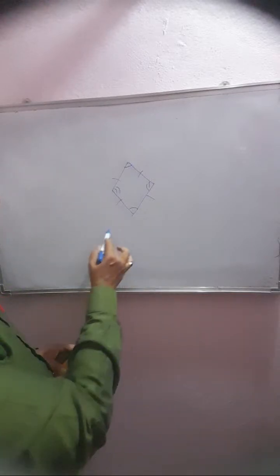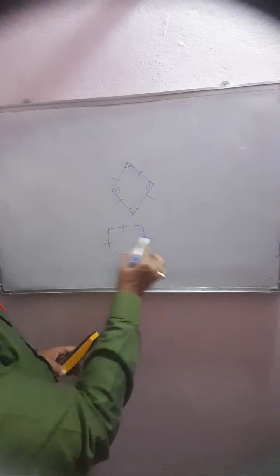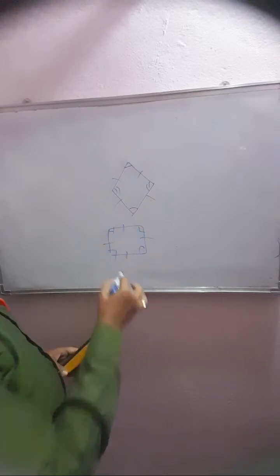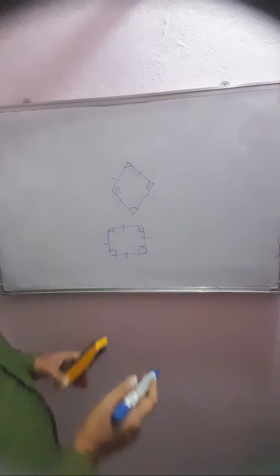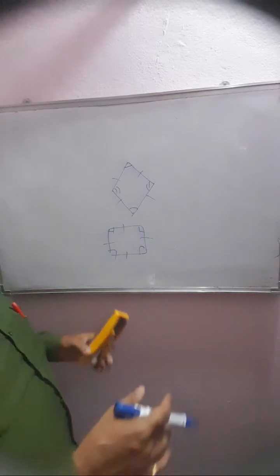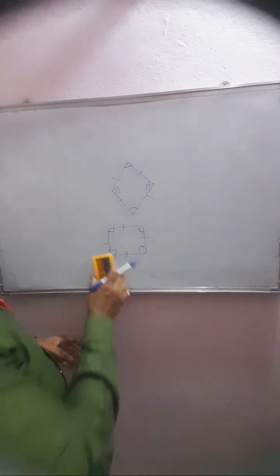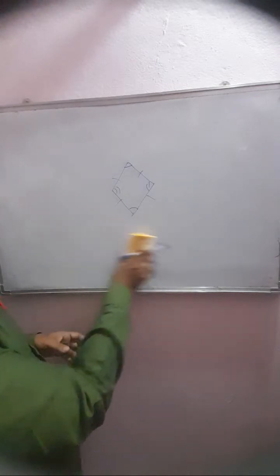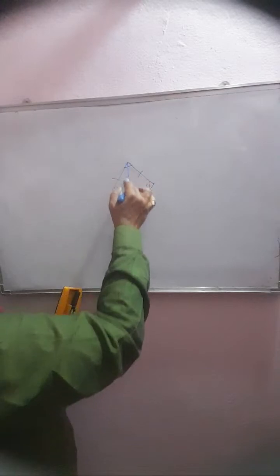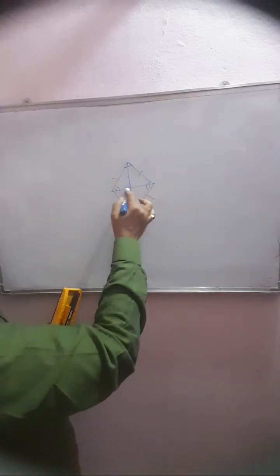It means every square is a rhombus, but every rhombus need not be a square. A special property of the rhombus is diagonals are perpendicular bisectors of each other.